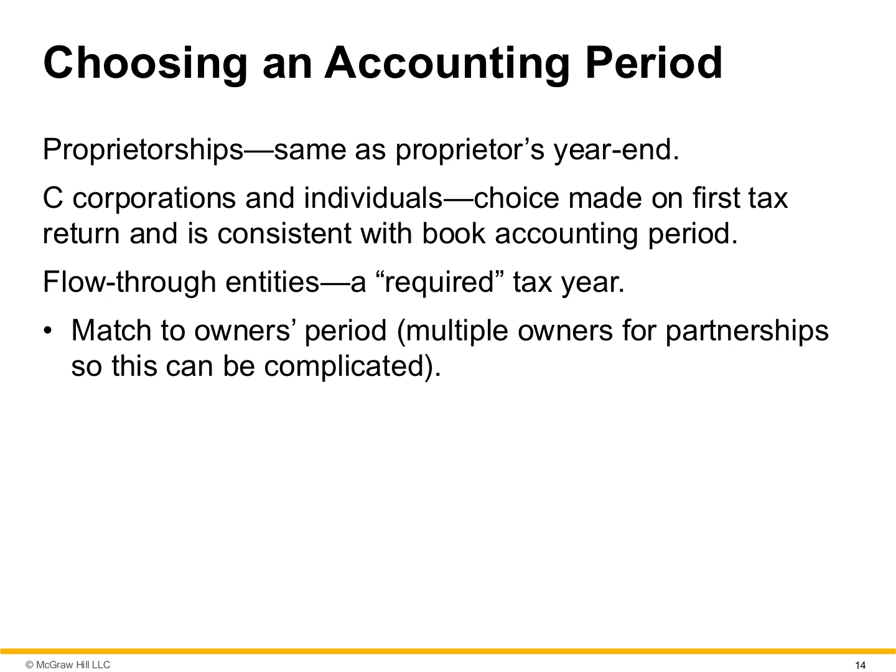Flow through entities then, so partnerships and S corporations, have a required tax year. And typically those tax years try to be consistent with the owner's tax periods. For a partnership where there could be multiple owners or multiple partners, we can see how that could get a little more complicated than a sole proprietorship, for example.